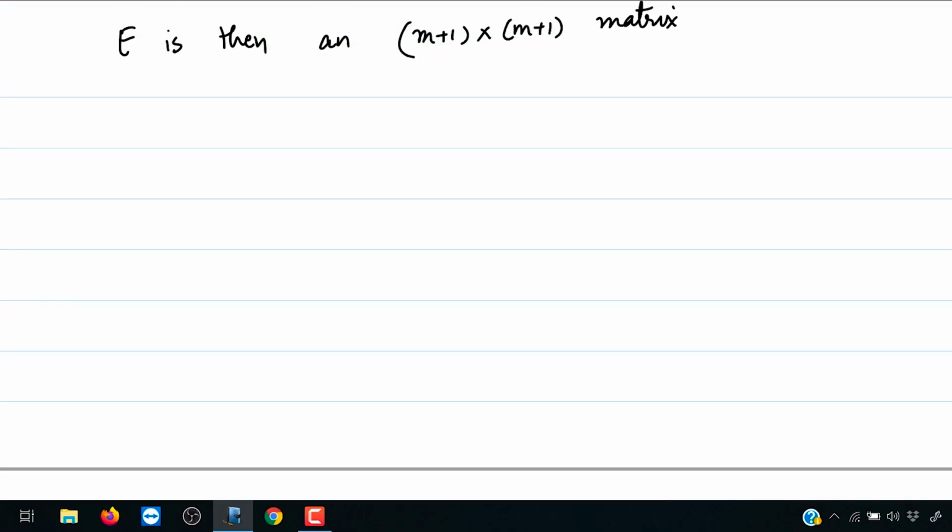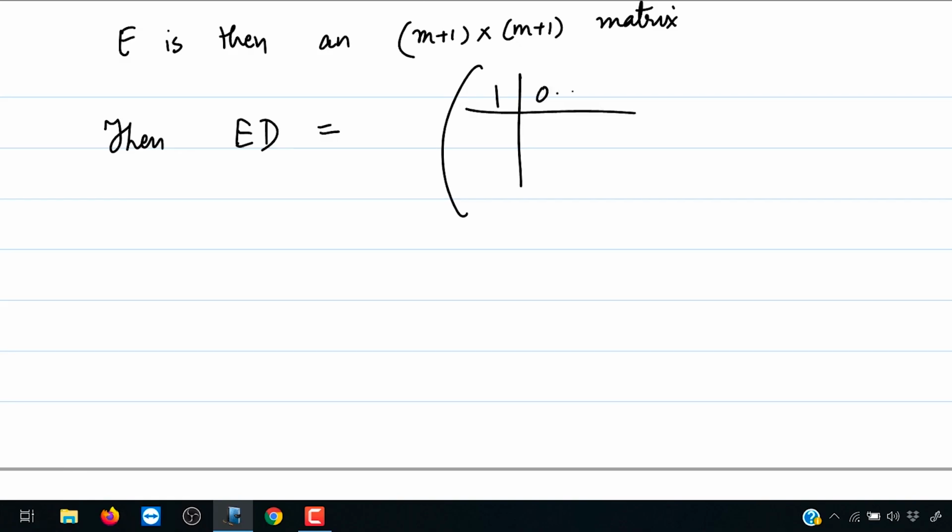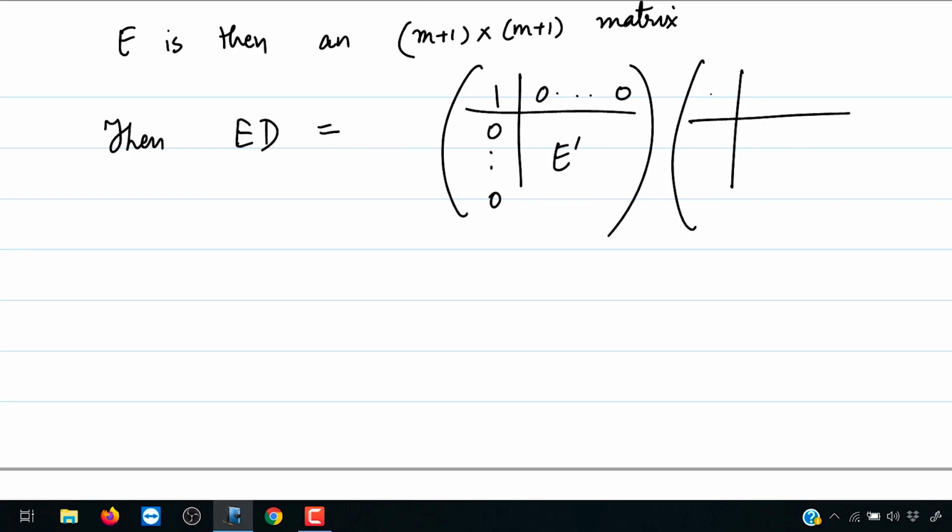And let's try to see what E times D is. So let me just write down in figures what this is. This is 1 and zeros in the first row and first column, and then there is an E prime here, and then there is a 1 and there are zeros here, and there will be a D prime.